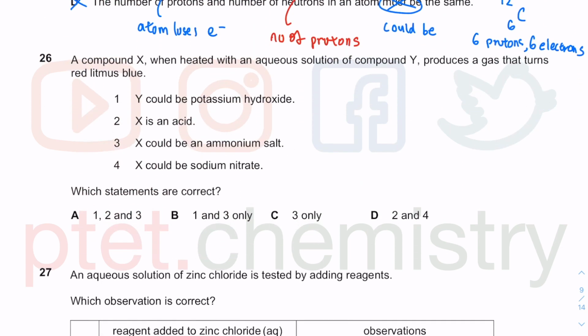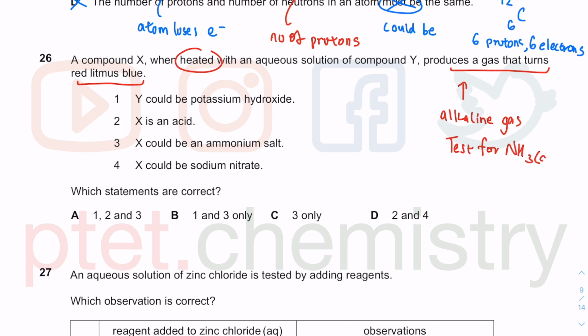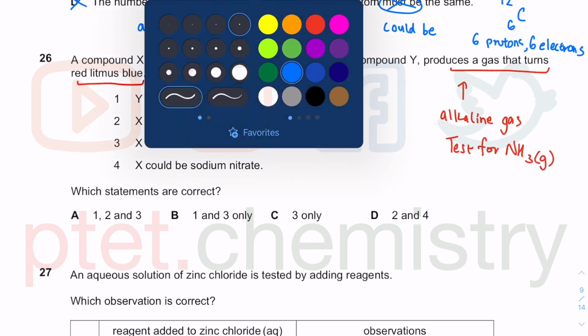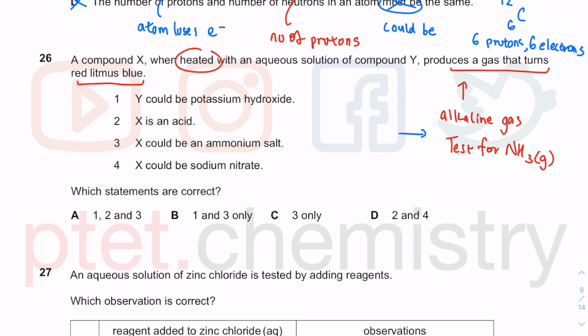Question 26. When you heat this compound with an aqueous solution of compound Y, it produces a gas that turns red litmus paper blue. So we can think about this being an alkaline gas, and this is the test for ammonia gas. How in the world do you produce ammonia in the lab? Well, you think about what you did in qualitative analysis. This is aqueous hydroxide.